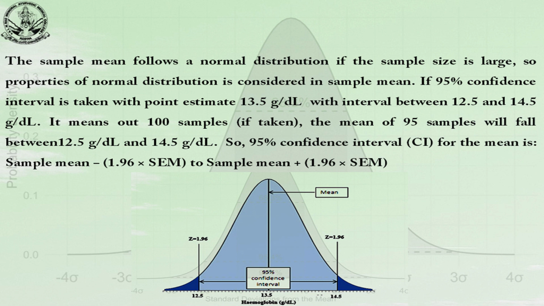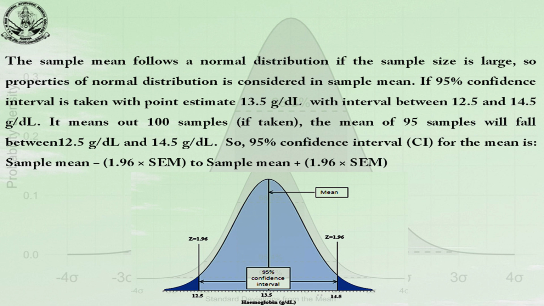Here you can see the sample mean follows a normal distribution if the sample size is large. So the properties of the normal distribution are considered for the sample mean. If we take a 95% confidence interval with a point estimate of 13.5 gram per dl for hemoglobin, with an interval between 12.5 and 14.5 gram per dl, you can see it in this normal distribution diagram.